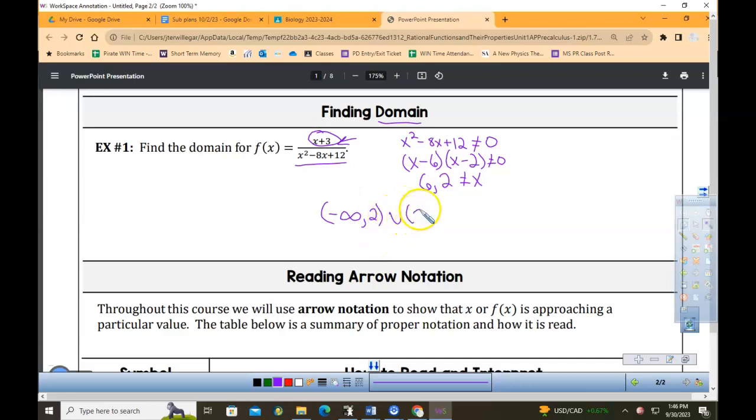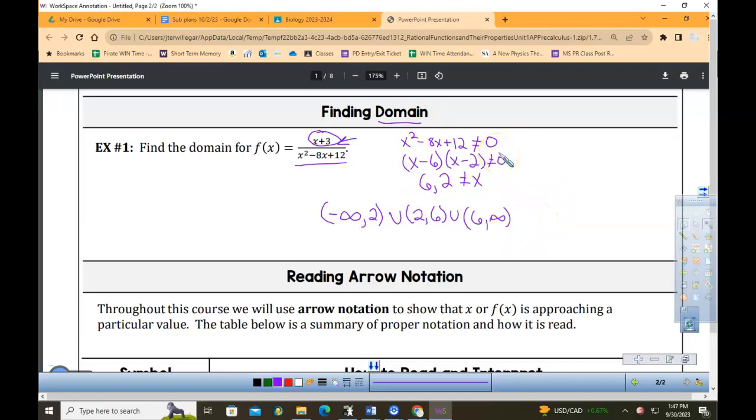So I'm going to jump over 2, and then I can go up to 6. Can't be 6, because I can't have a 0 in the denominator. And then I'm going to go from 6 to infinity, because I can't equal 6, can't equal 2. For square roots, we put the bracket because you can take the square root of 0.